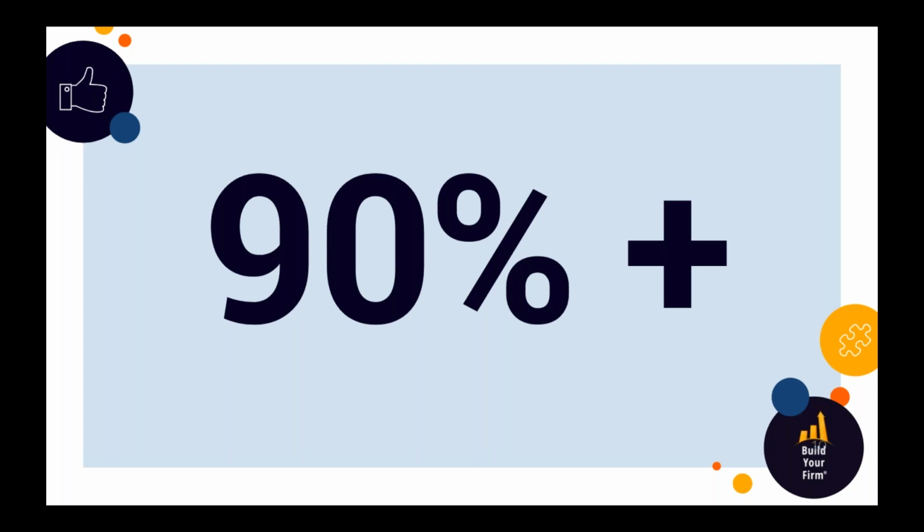But we also know that a lot of accounting firms are failing to capture these new leads because they struggle to break through the clutter. The competition, like I said, is growing every single year. Everyone's got a website now, so it's really about thinking what you can do to break through the clutter and make yourself stand out. And I'm sure this is something that maybe you've struggled with in your own firm, and it's part of the reason that you're joining today's webinar.